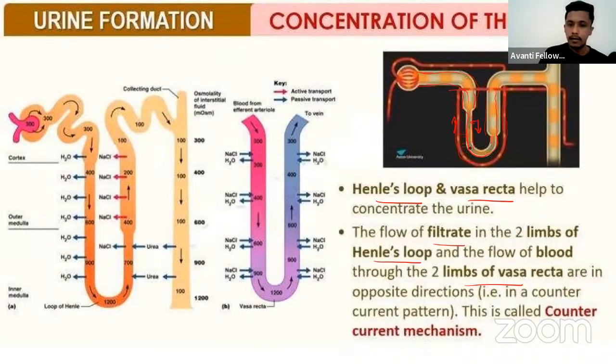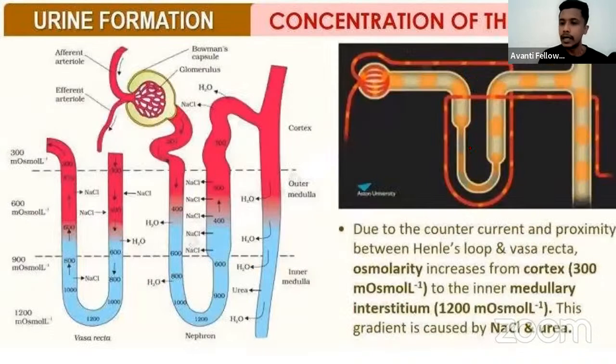Let's see how the countercurrent mechanism actually works. What are the important criteria for the countercurrent mechanism to happen? First one is proximity. Proximity means the distance between the loop of Henle and the vasa recta. This proximity leads to the change in osmolarity.